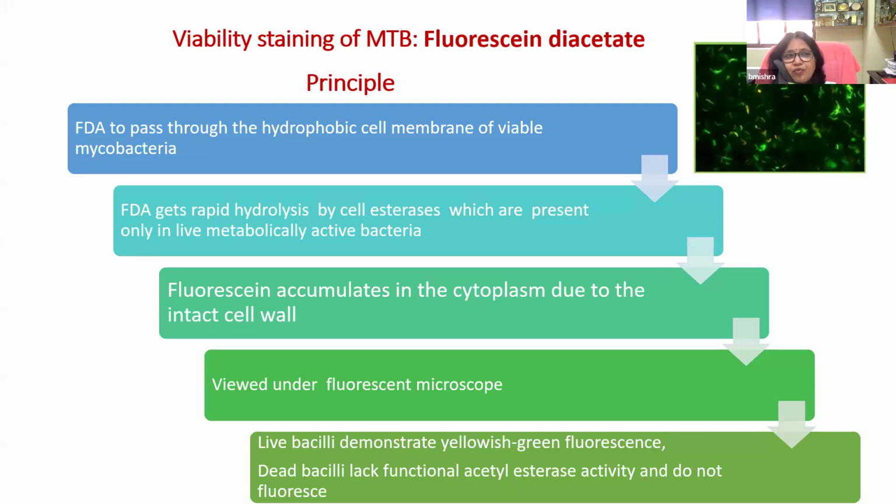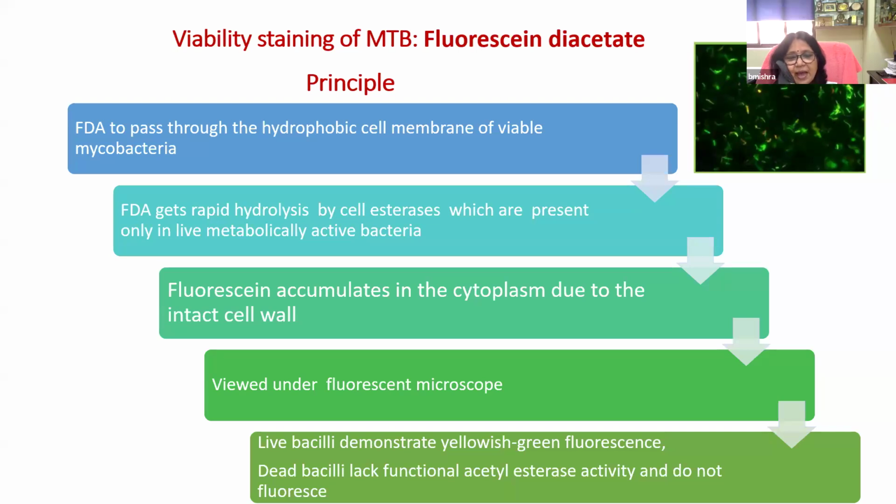This is a staining which can detect viable Mycobacterium tuberculosis by using the stain fluorescein diacetate. Now, how this acts: this stain passes through the hydrophobic cell membrane of the viable mycobacteria. It gets rapidly hydrolyzed by the enzyme cell esterase, which is present only in live, metabolically active bacteria.